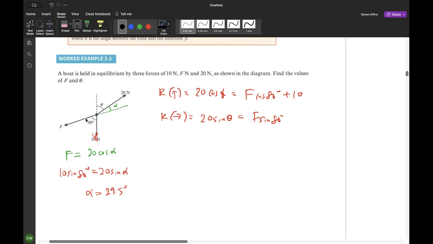No, you got one more, sorry. If you draw like that, there's one more force here, right? That means F sin.